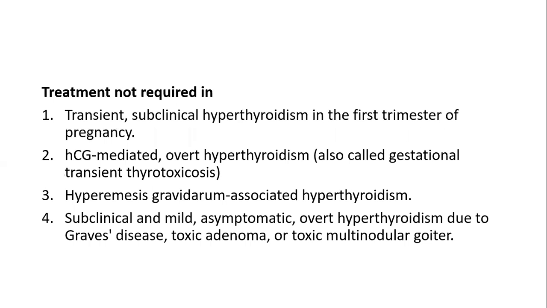So we may not require treatment in patients with transient subclinical hyperthyroidism in the first trimester of pregnancy, or patients with hCG-mediated overt hyperthyroidism, or patients with hyperemesis gravidarum associated hyperthyroidism, or in patients with subclinical and mild asymptomatic overt hyperthyroidism due to Graves' disease, toxic adenoma, or toxic multinodular goiter.